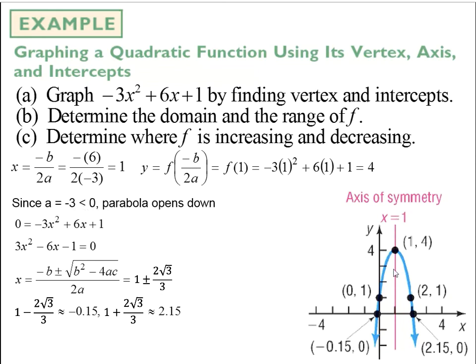There's my axis of symmetry that goes right through the vertex. Here are my two x-intercepts, negative 0.15 and 2.15, and then I can find the y-intercept pretty easily. If I just plug 0 in for x, that gives me y equals 1 as my y-intercept. So adding those intercepts gives me a little better detail on the sketch of the parabola.